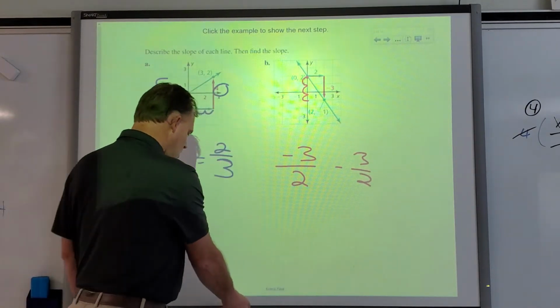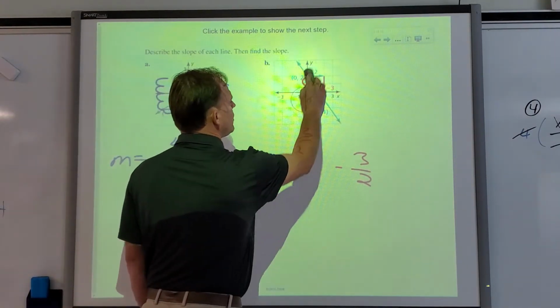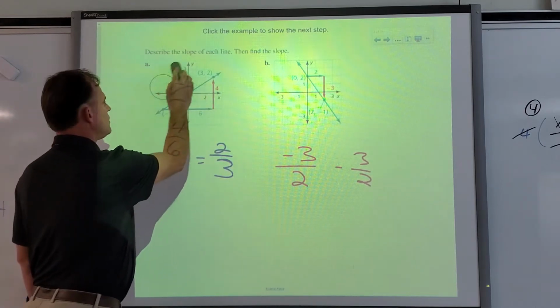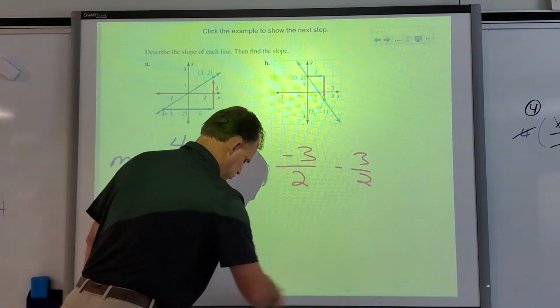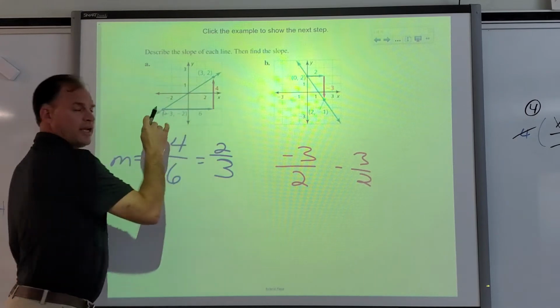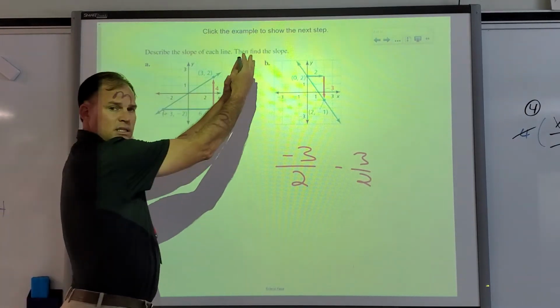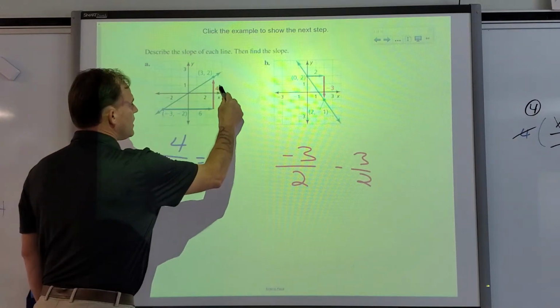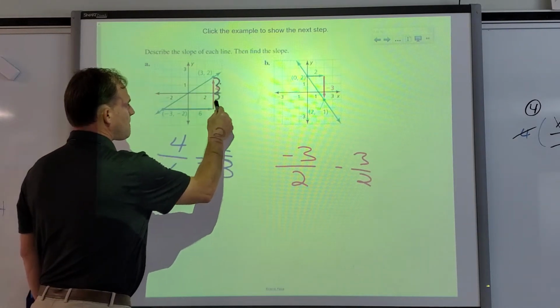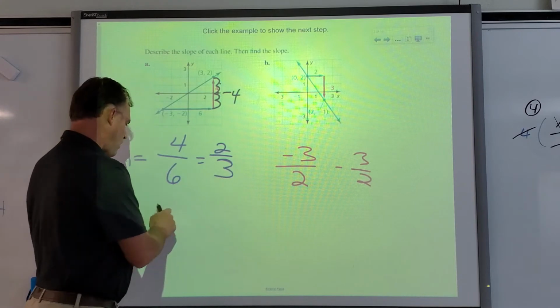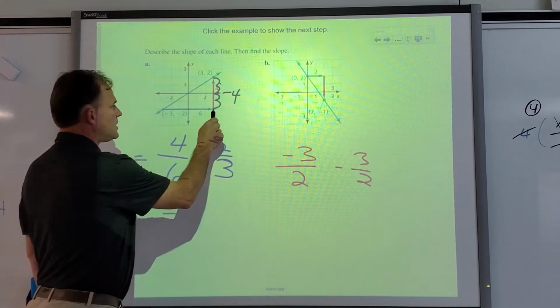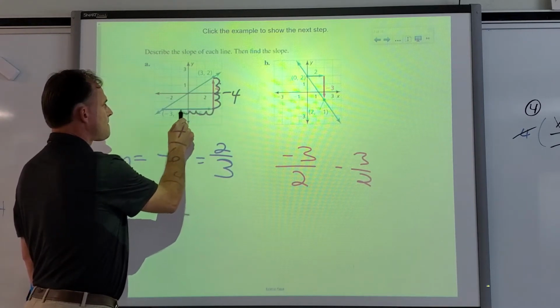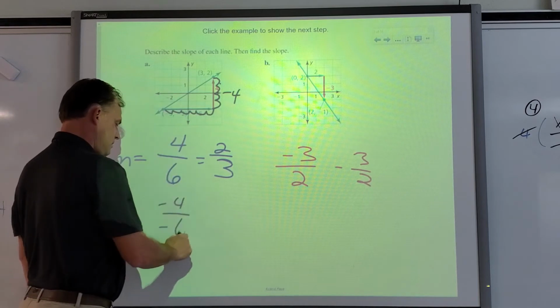All right. What if you count backwards? So what if I go from here to here? Now, again, I want you to read these left to right. But what if you count backwards? Well, this would be down 4 and left 6.